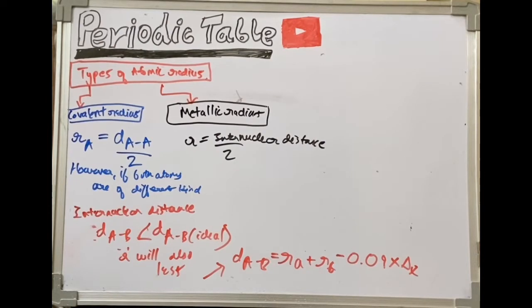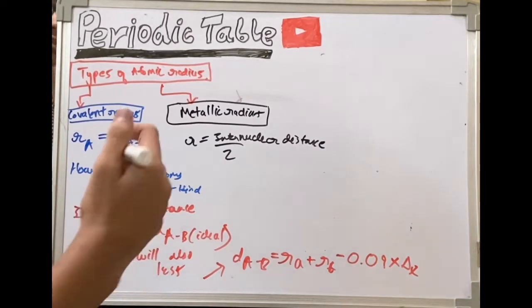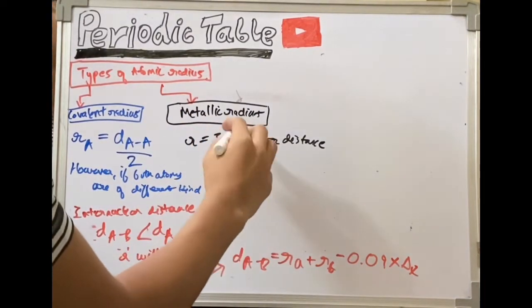And now tell me one thing, will the metallic radius be more or less than the covalent radius? It will be more than the covalent radius, because the metallic radius is comparatively present in hard spheres in metallic crystals, and there happens to be some gap in between. So you can say that this will be more than the covalent radius.